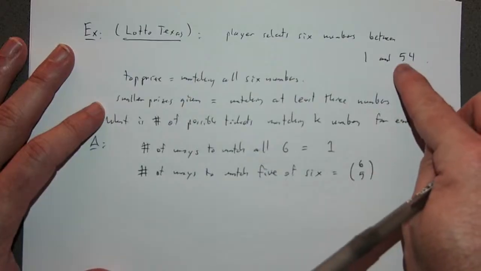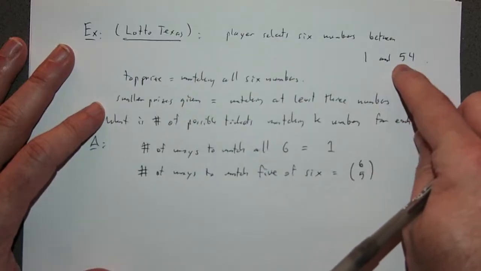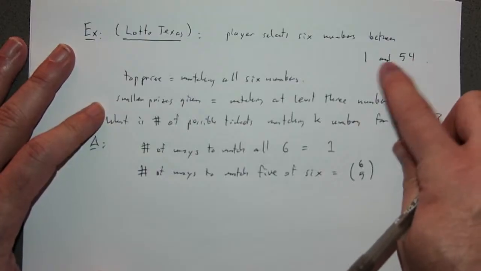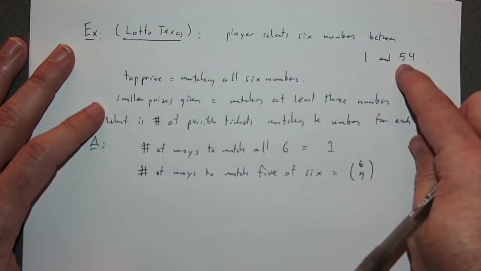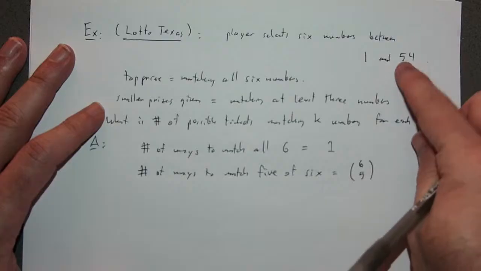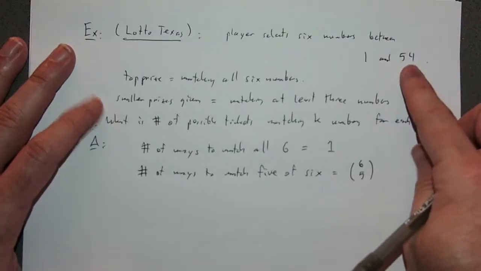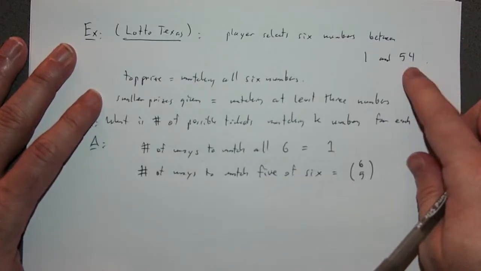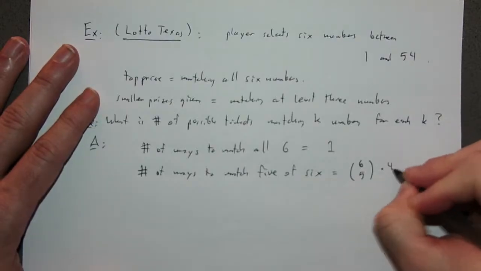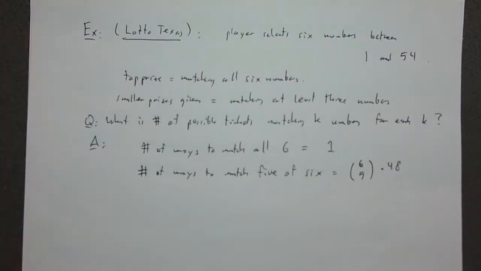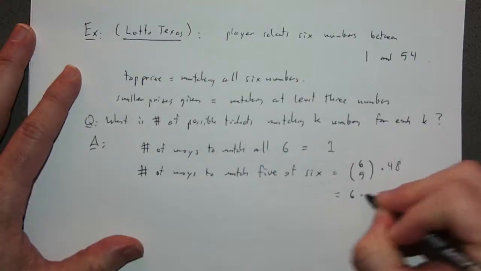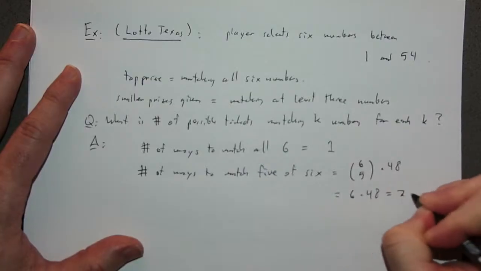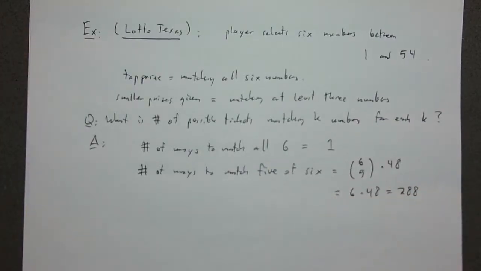If there are 6 numbers between 1 and 54 that I am trying to hit, and I don't want to match the 6th, then I have 48 numbers remaining to select from. So this would be 6 choose 5 times 48. But 6 choose 5 is 6, so this is 6 times 48. So that's 288 possible tickets that match exactly 5 numbers.